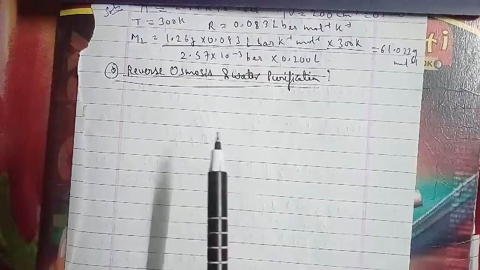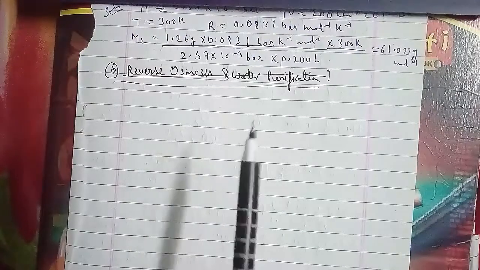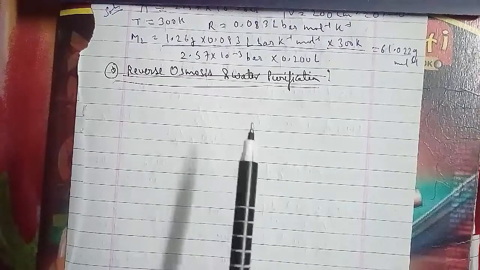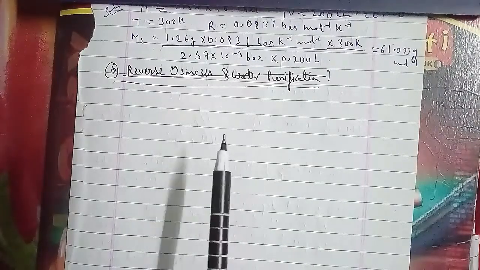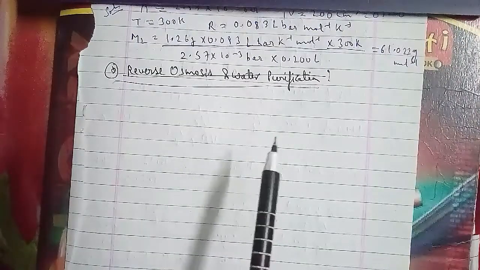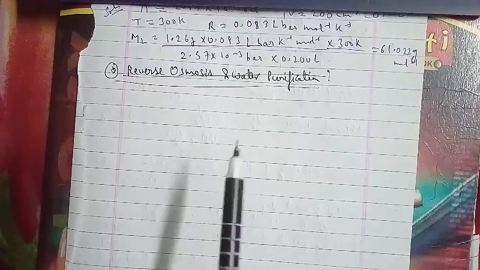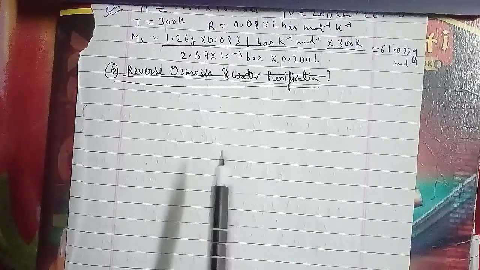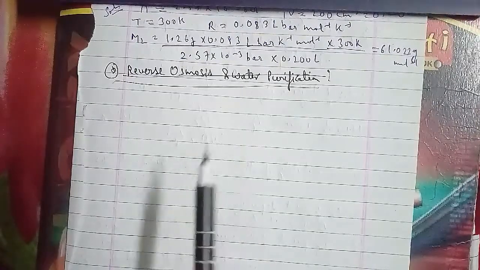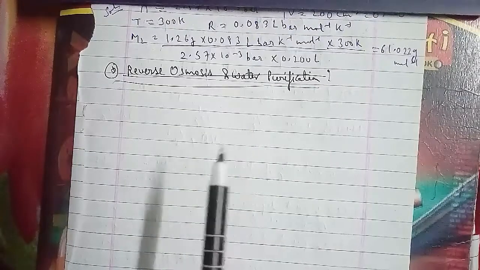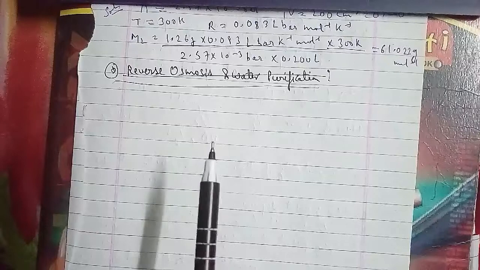For example, if we dissolve 1 mole of KCl, 74.5 gram, in water, we expect 1 mole each of K plus and Cl minus ions to be released in the solution. If this happens, there would be 2 moles of particles in the solution, and if we ignore interionic attraction, 1 mole of KCl in 1 kg of water would be expected to increase the boiling point by 2 into 0.52 Kelvin equals 1.04 Kelvin.